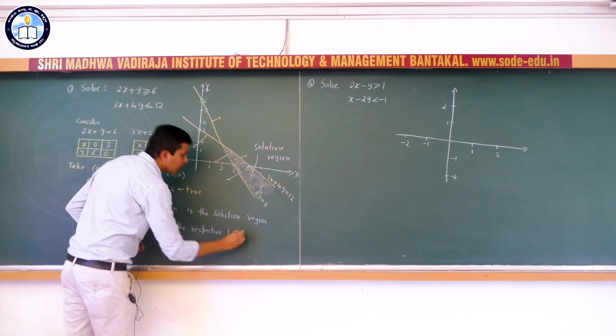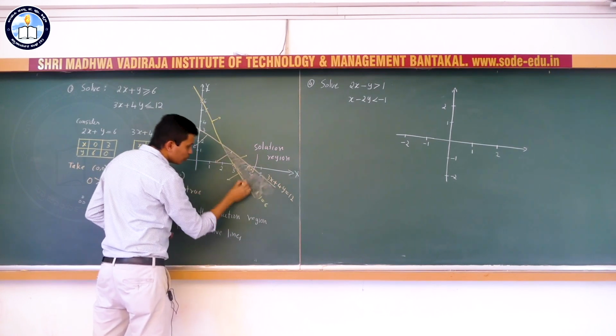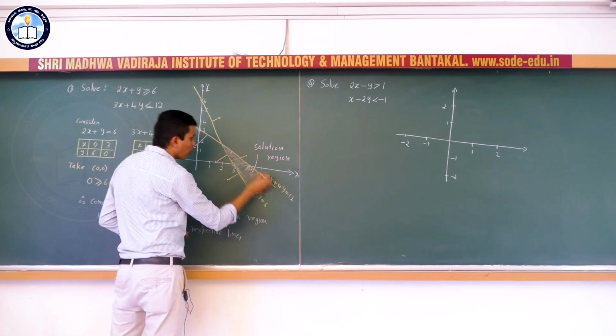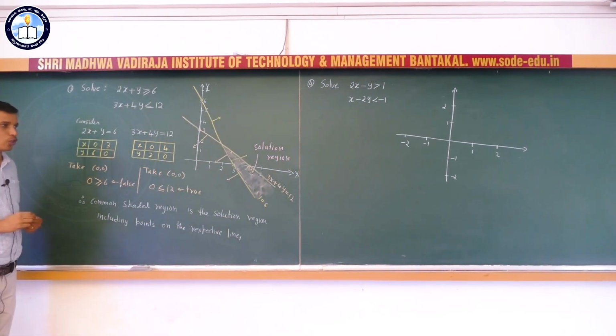That means here this part only. Respective lines in the sense, the common region, so that boundary also, whatever points on the boundary there are of that solution region, that solution part is there. So this is whatever the solution is.